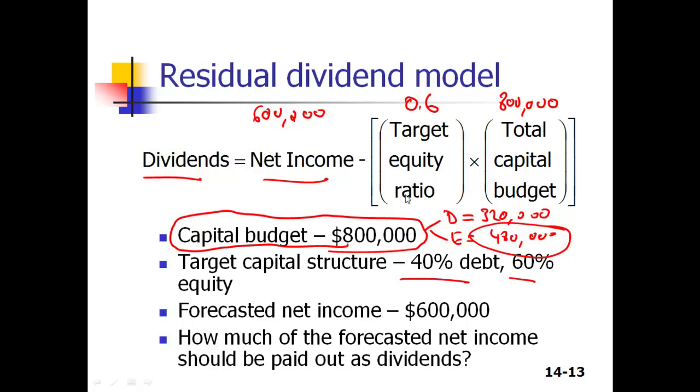What's the total capital budget? So what's the dividend now? The dividend would be simple math. The money that you need from equity is 480,000. Your net income is 600,000. So the residual is 120,000, and that's how much you pay out as dividend.